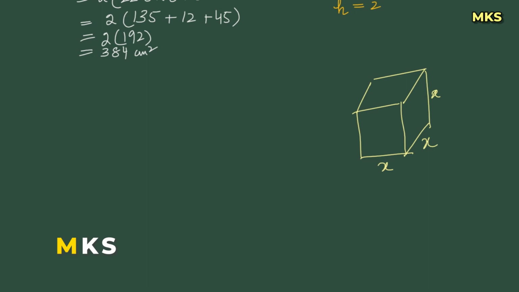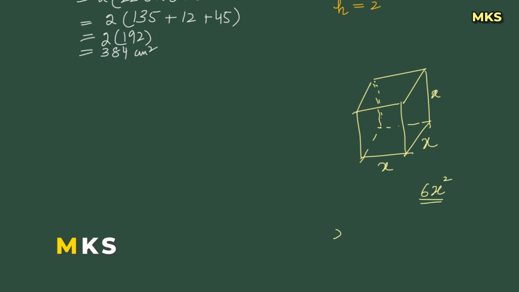Simply we have for a cube or a cuboid 6 faces. In the case of a cube, we have 6 faces, each is a square of side x. So it means the total surface area of a cube will be 6x square.